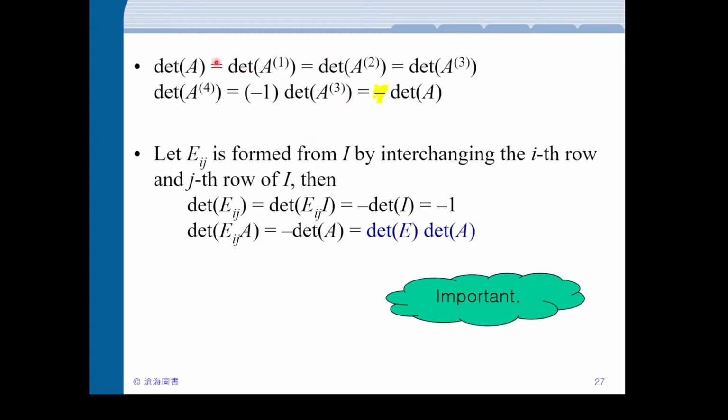The first three are operation 3, and you change nothing. On the next operation, you multiply by -1, so you get a -1 on your determinant.